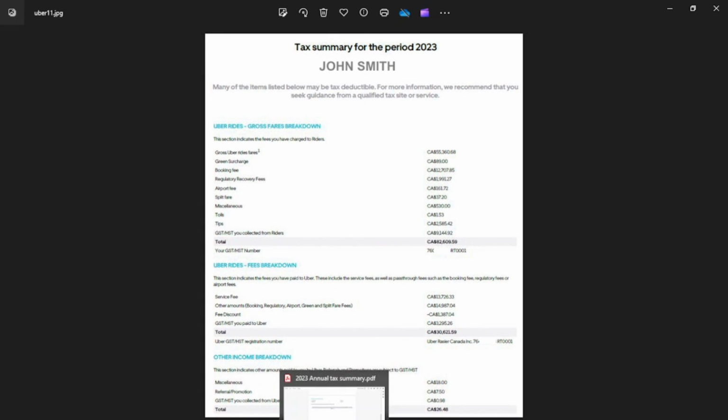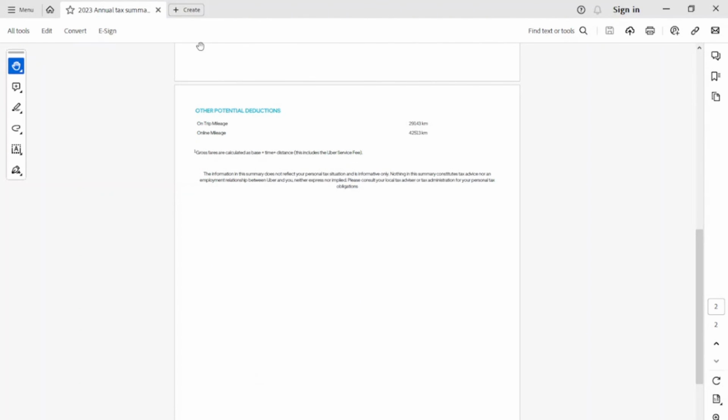The last section, I'm just going to pull this PDF here. The last part is other potential deductions. In this part, you will see there are two types of mileage kilometers. One is on-trip mileage. The other one is online mileage.